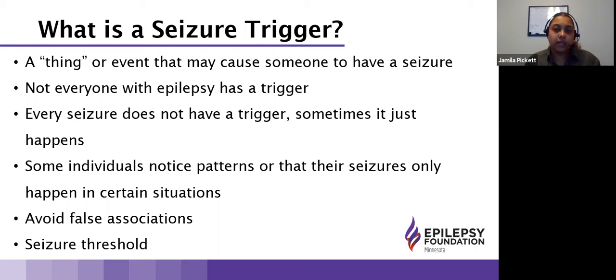And maybe that's why he was having that seizure. So we want to be careful of false associations. And we also want to be careful of assigning things to every single seizure, because again, a lot of seizures just happen. As I mentioned before, everyone has a seizure threshold that is determined partially by our heredity, so our parents, and we get pushed past that threshold, and that results in somebody having a seizure.